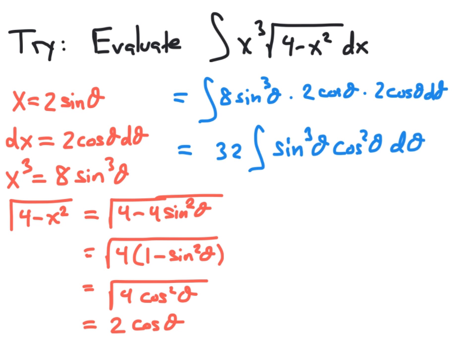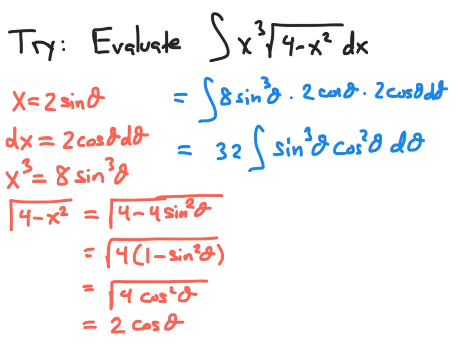Since the integral contains the expression square root of 4 minus x squared, and 4 is 2 squared, we're going to make the substitution x equals 2 sine of theta. This means that dx will be 2 cosine theta d theta, x cubed will be 8 sine cubed of theta, and the square root of 4 minus x squared will simplify to be 2 cosine of theta by substituting in 2 sine theta for x and squaring it, factoring out a 4, replacing 1 minus sine squared of theta with cosine squared of theta, and then evaluating the square root of that perfect square.